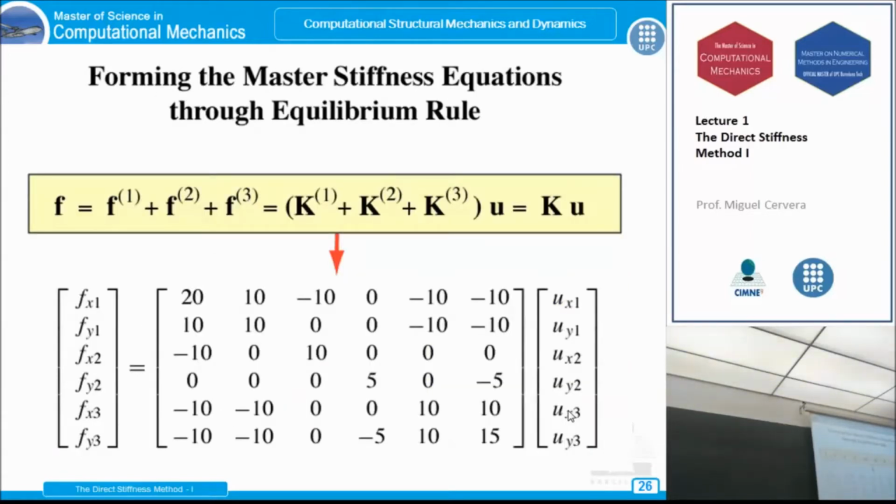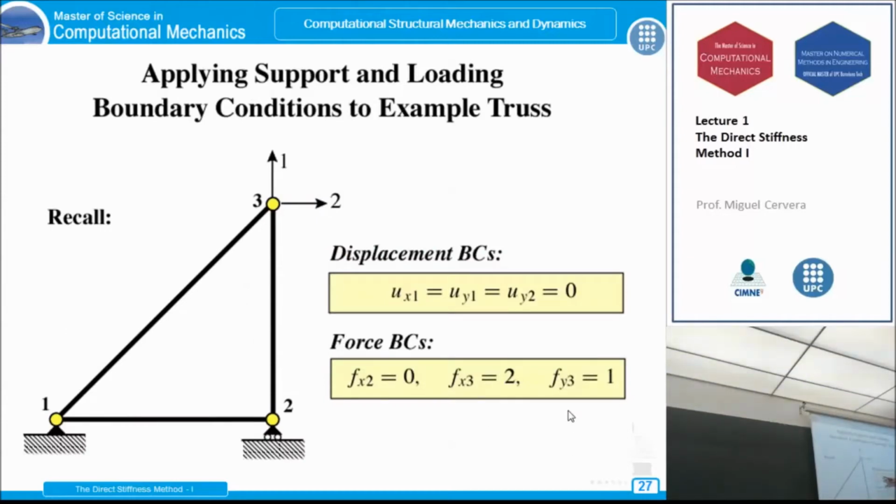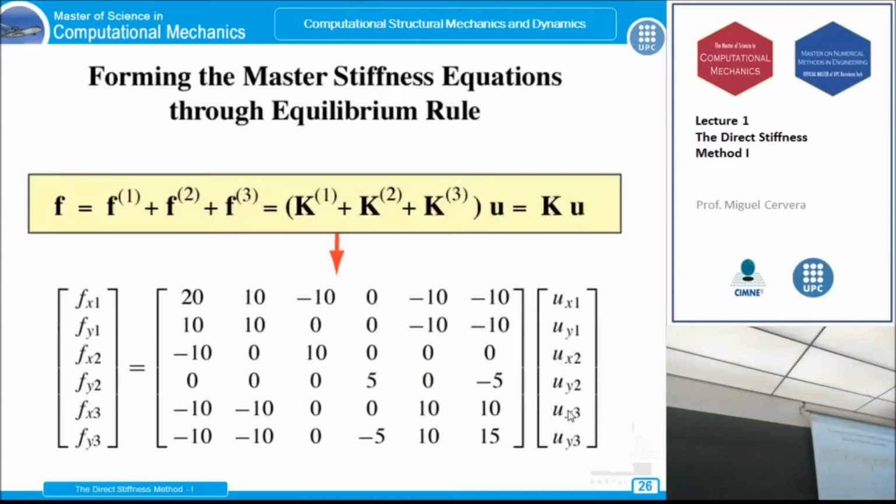Okay, the forces are very easy. We go and put the forces where they belong. And the displacements are also easy, because if we know that ux1 is 0, then we just delete the first row and the first column.